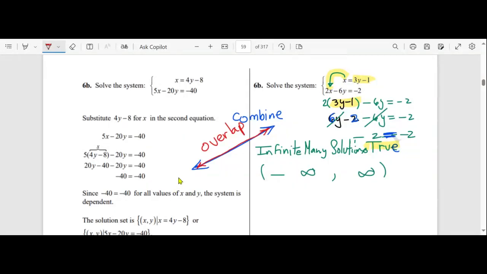Is this clear? That means infinitely many solutions. Or you can write it in symbols, negative infinity to positive infinity, or you can write it as R. All this is correct. Easy as easy?